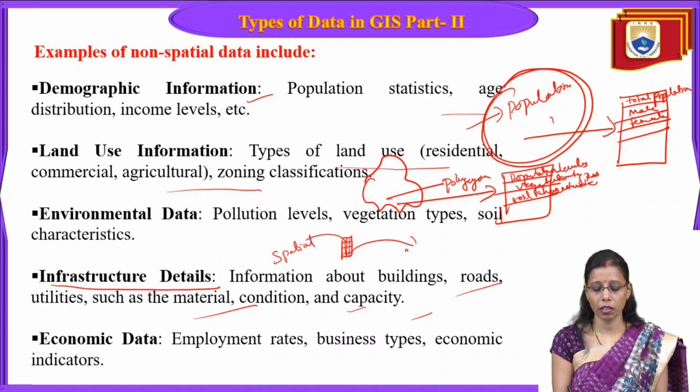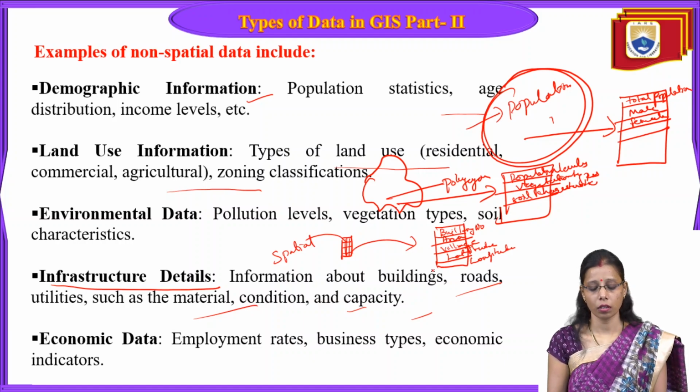And what is the non-spatial in this? If you assign the information to this building, like building 1, building number, area, and what is the village, latitude and longitude, once you assign all this information to this building, that becomes the non-spatial data.